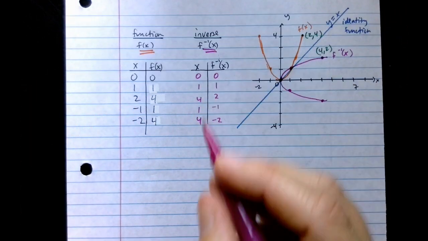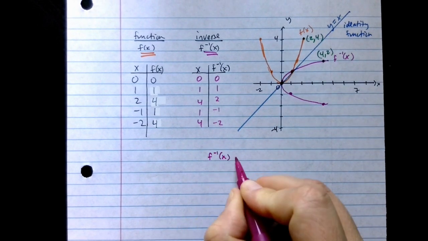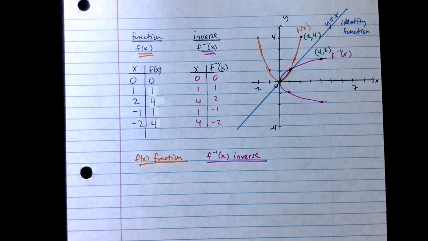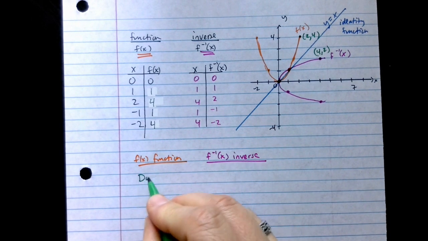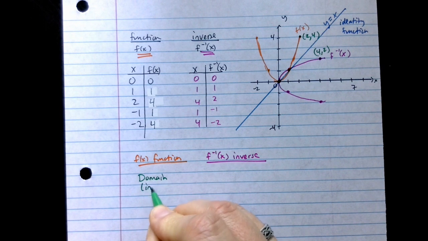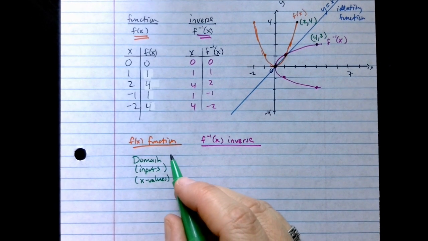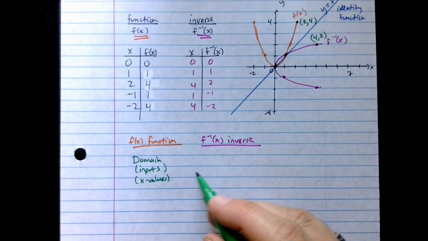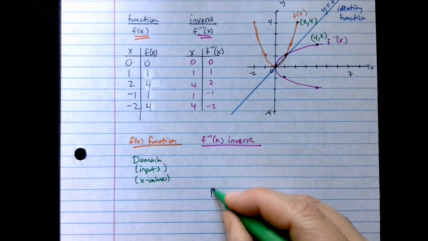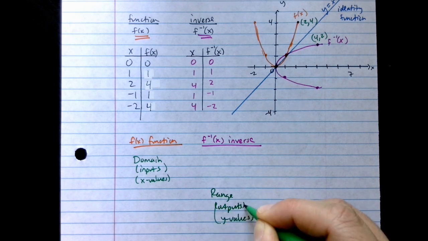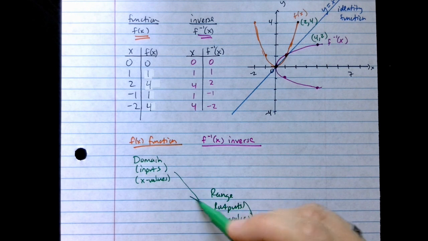So, let's recap what we have here. The domain, or inputs, or x values on my original function will turn into the range, or outputs, or y values on my inverse.